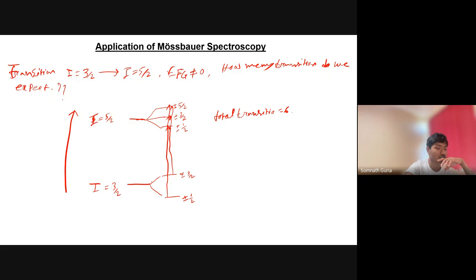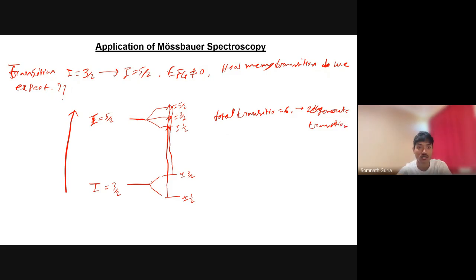These transitions are degenerate transitions. So out of 6 total transitions, we have 2 degenerate transitions.